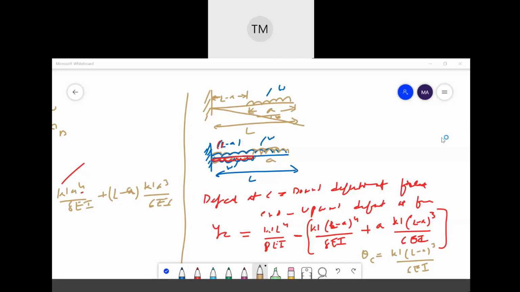First, the problems here use the Macaulay's method. Whatever derivations you have done are called derivations using the double integration method.